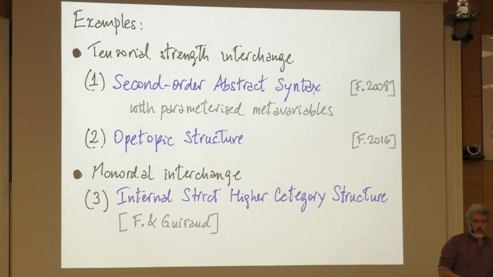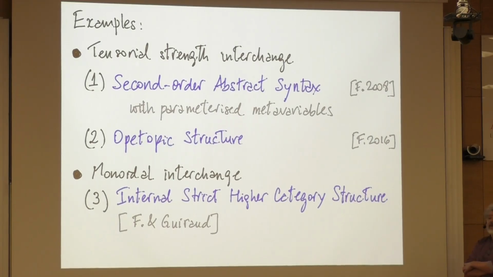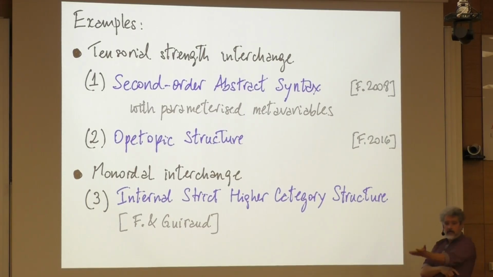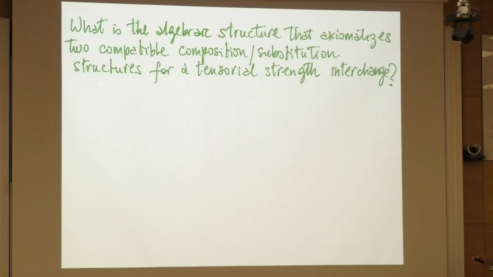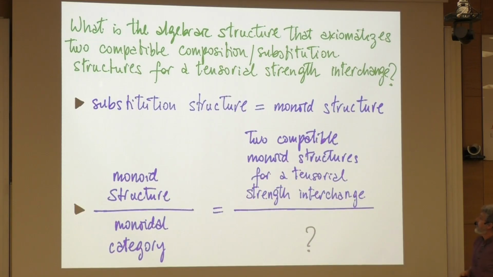This will give you notions of internal categories that are actually defined by induction rather than straightforwardly given for all n. Okay, so what is the algebraic structure now that axiomatizes these notions of composition that are compatible with each other? Okay. So as I said, I'm going to identify substitution structure or grafting structure with monoid structure.